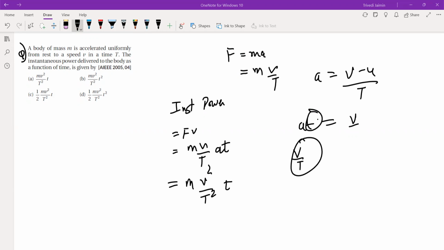So do we have an option like this? m v square by t square into t. There is option A. Instantaneous power delivered at time t. Okay, fine.